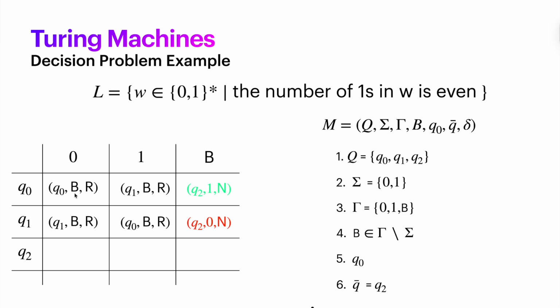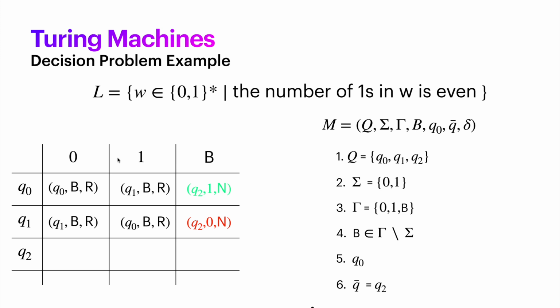We overwrite the current tape square by B, which is a blank symbol, and we move 1 to the right. Similarly, if we are at state Q1 and we observe 0 in our tape square, then we don't have to change our state. We stay at Q1, we overwrite the tape square by B, and we move 1 to the right.